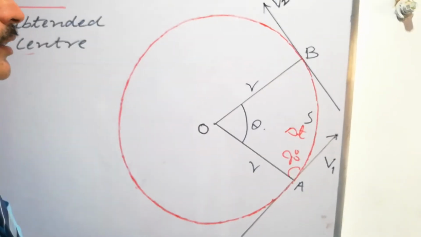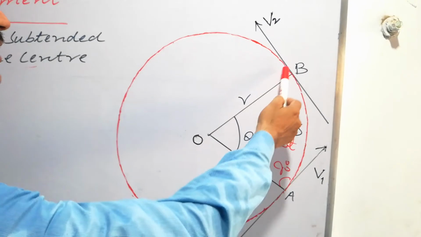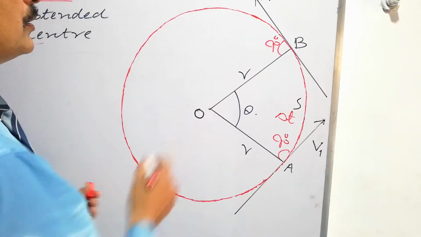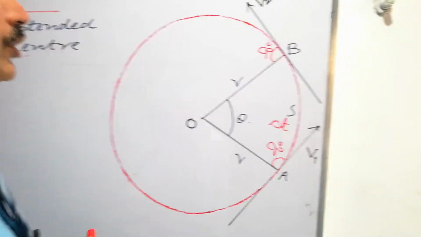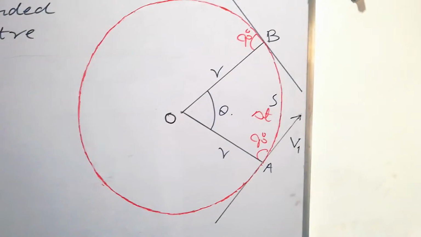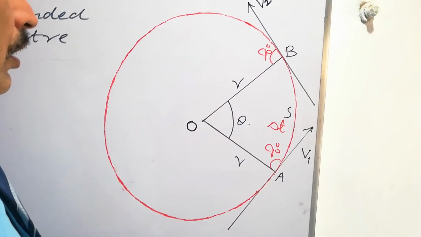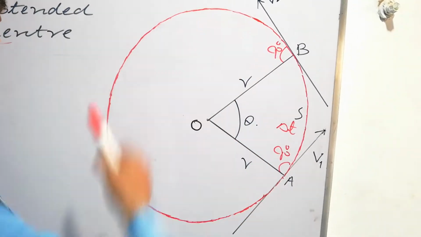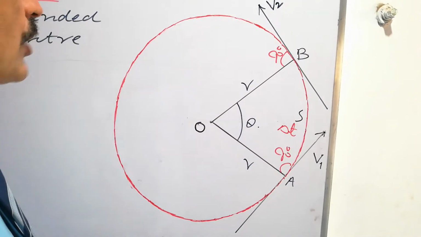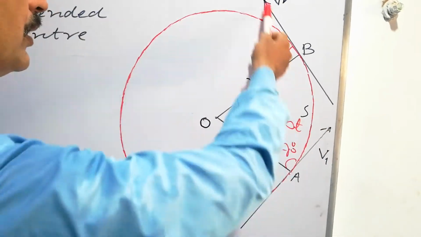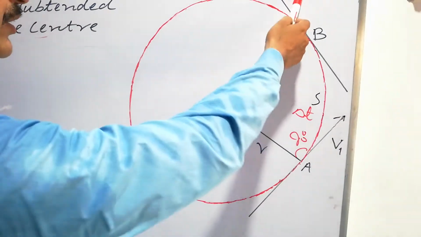Similarly, at point B, we draw a tangent line, and it gives us the velocity v2 at point B. So these are linear velocities at different points. It means the body must have different linear velocities at different points.